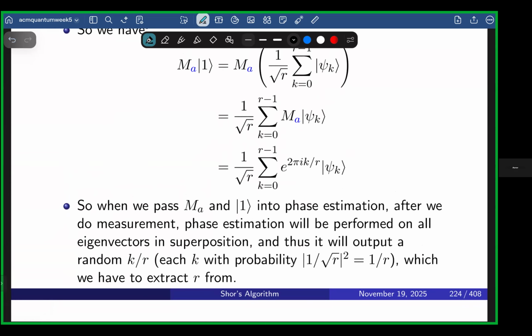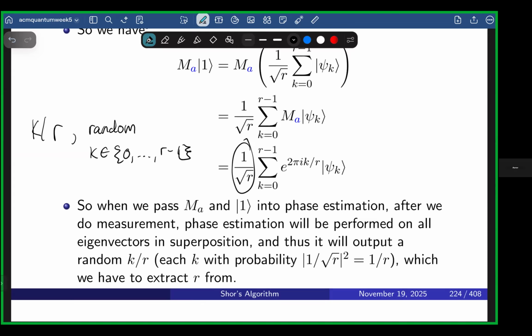And then at the end, when we do measurement, we're going to get some random k over r, and each will have uniform probability because we prepared a uniform superposition. So you'll read k over r, with a random k between 0 and r minus 1.